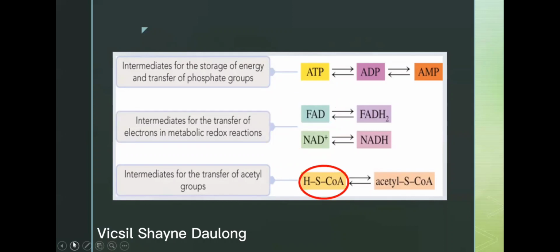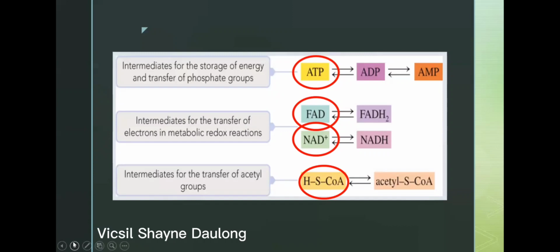And the acetyl-CoA, or the acetyl coenzyme A, is classified as the intermediate for the transfer of acetyl groups. These metabolic intermediates are molecules that are precursors or precede another in a metabolic pathway, or metabolites, or the end product of metabolism of biologically significant molecules.